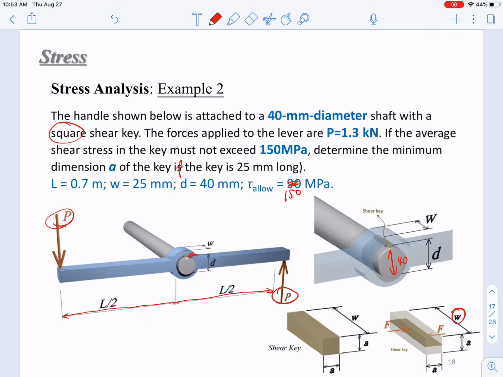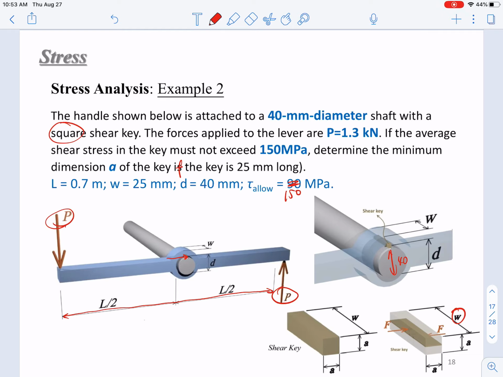So the shear key will give a reaction force to push the lever. This reaction force will be shown here. This is how the shear key will push the handle to keep it in equilibrium.